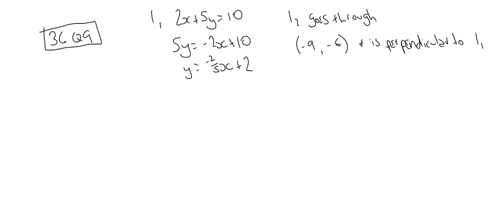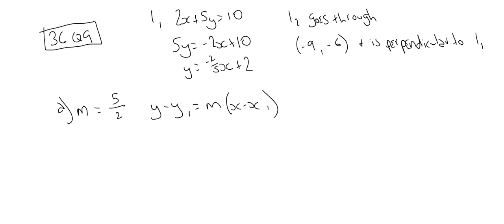So what I'm being asked to do in part A is find the equation for line 2, right? I know that my gradient is the inverse of this, so it's positive 5/2. Flip it upside down, change the sign. And I know it goes through this point, so I can use my wonderful equation, y minus y1 equals m(x minus x1), because I've got a point and a slope.